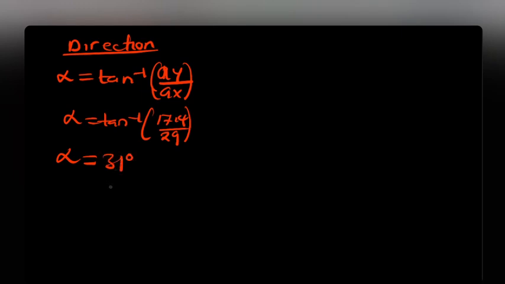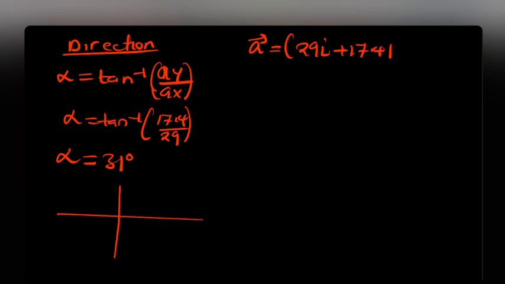Then you need to sketch so that you know where the angle is, by using the acceleration. Remember, our acceleration is 29 i plus 17.4 j. For the x component we have 29, and for the y, 17.4.